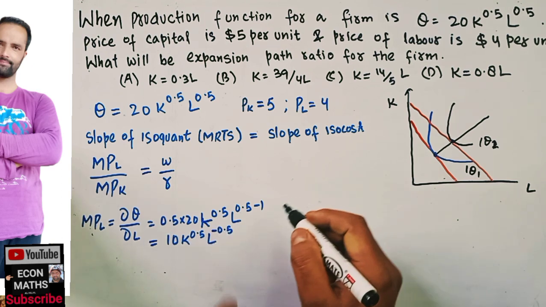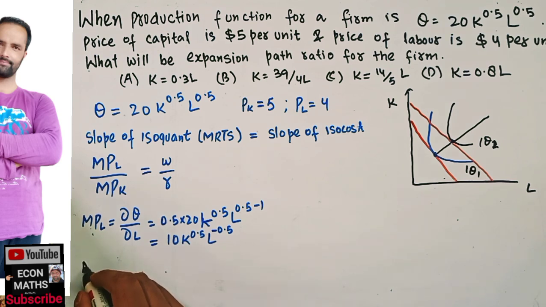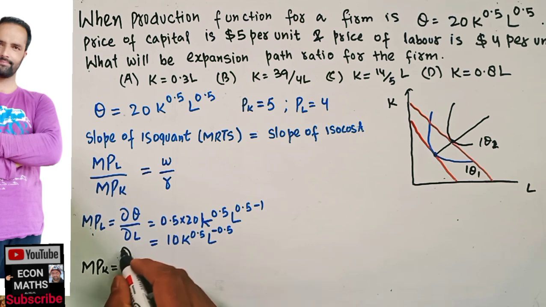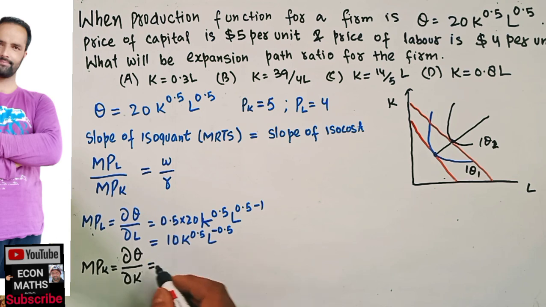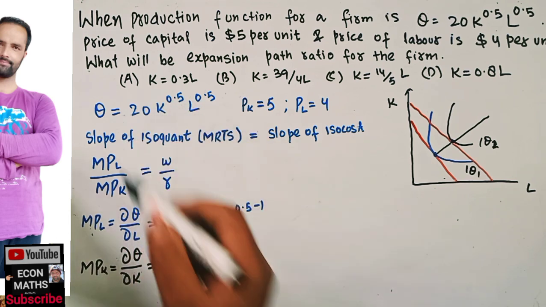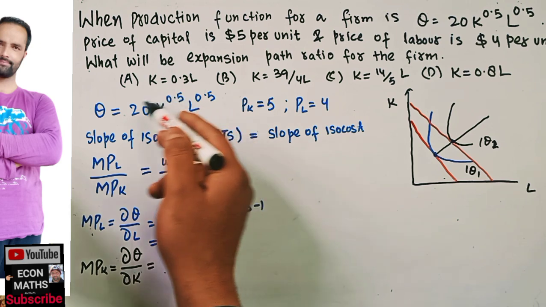What is our MPK? Let us calculate the MPK again. MPK means the partial derivative of our production function with respect to capital this time. Differentiating with respect to K, this 0.5 will become the coefficient.